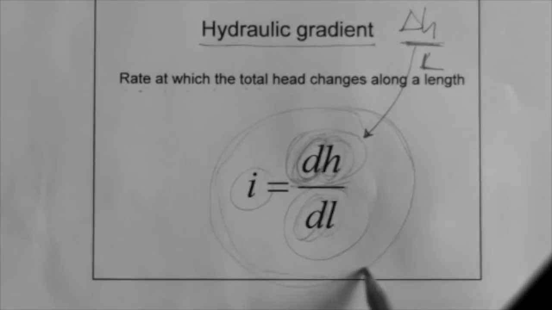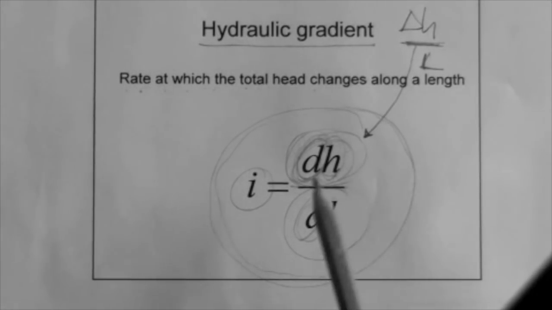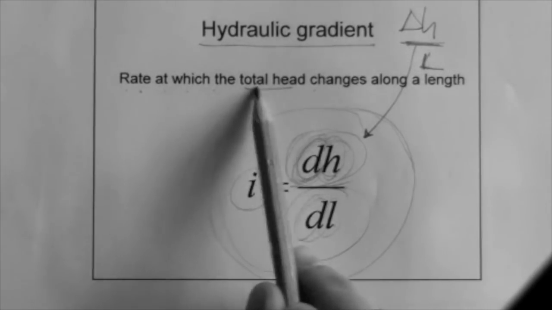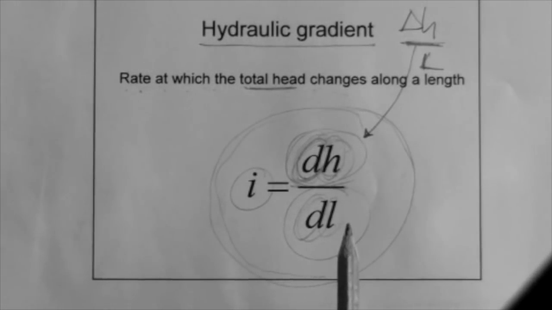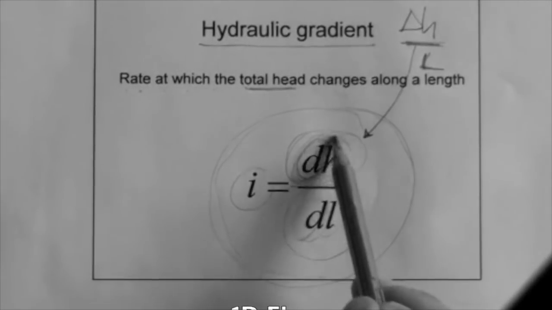This is more like a generic mathematical way of writing it. But for now, keep it in your mind. It is a rate at which the total head changes along a length. It is a rate of energy loss. This H, of course, is the total head.